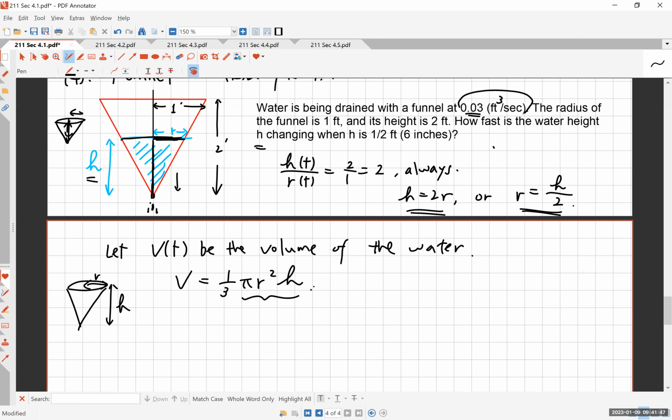All right, but what is changing here? V is changing, R is changing, H is changing. So here, if you include the independent variable T, volume at any time T is 1/3 pi R of T squared, then H of T. All right, this is the first time I have two different functions giving you a third function, right?